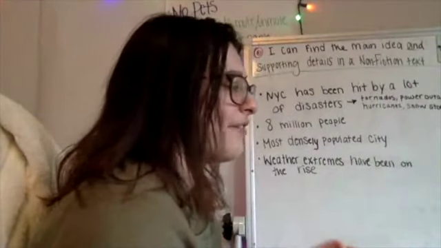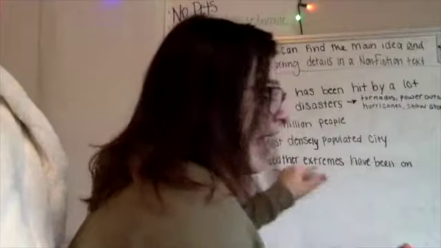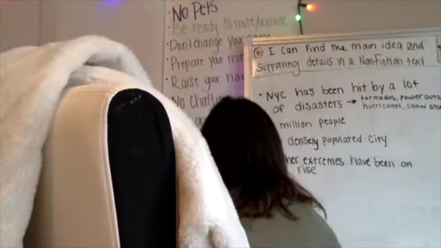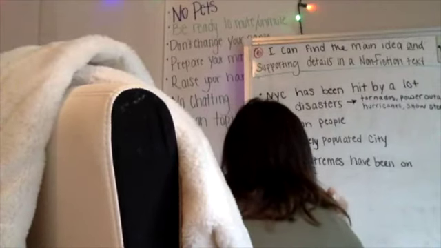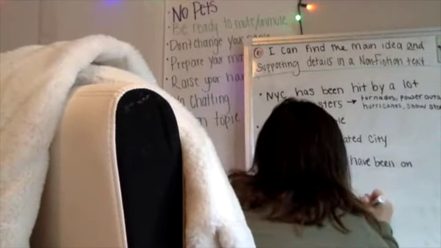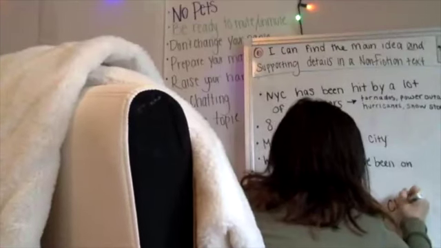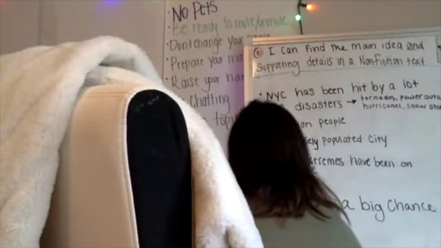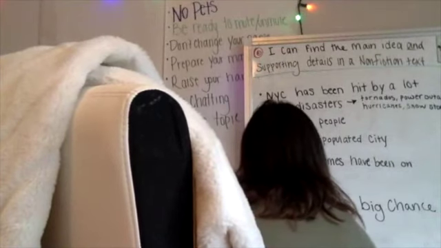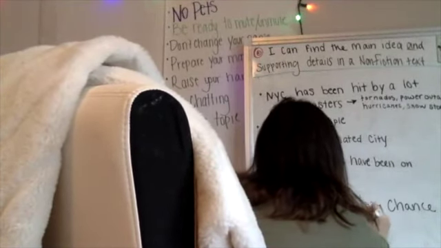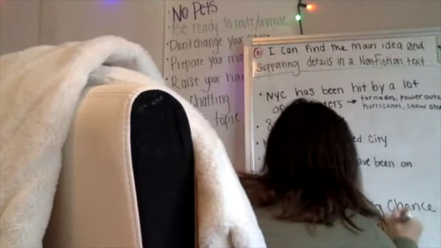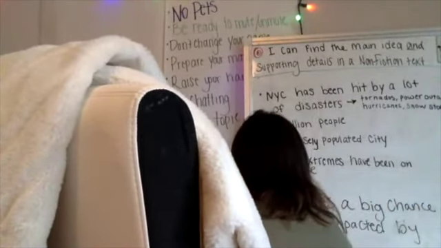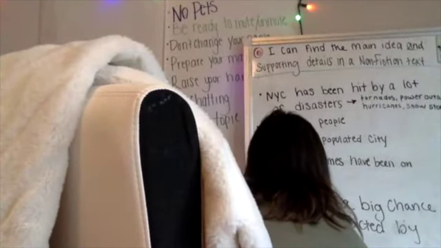And the main point I think that the video is trying to say, and that I'm gathering from all these details, is that New York City has a big chance of being impacted by some sort of disaster or emergency.